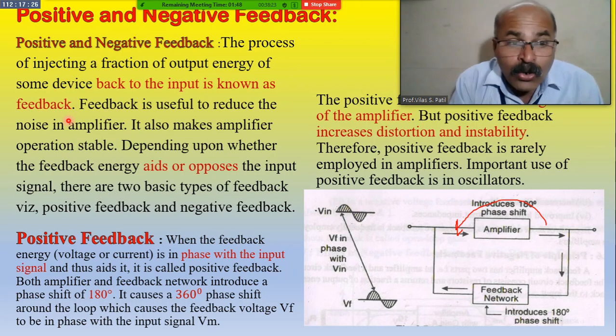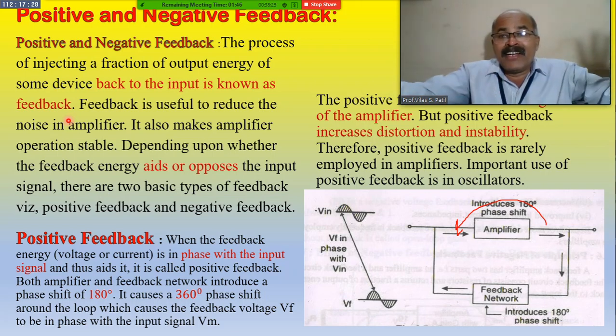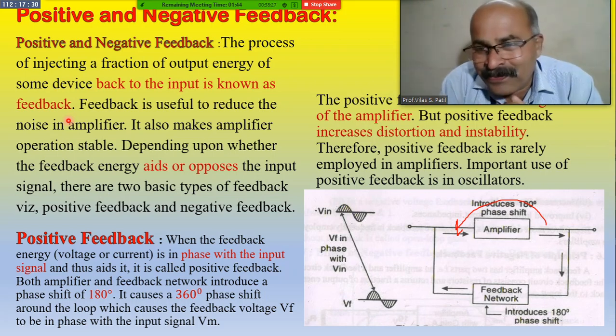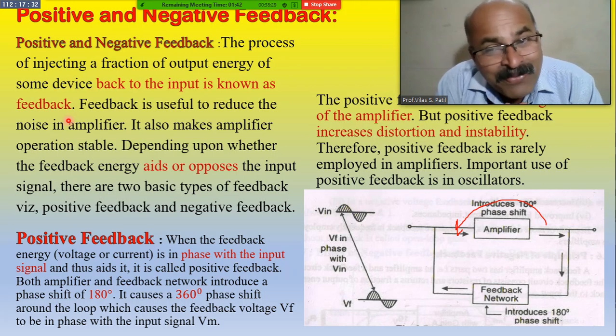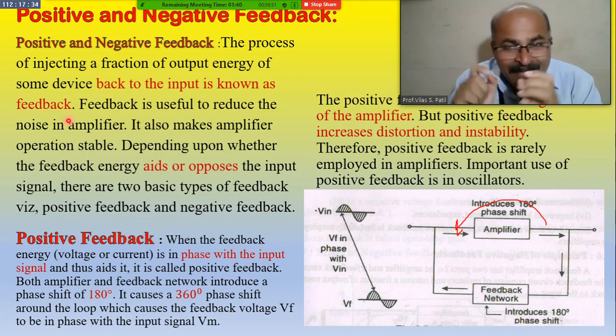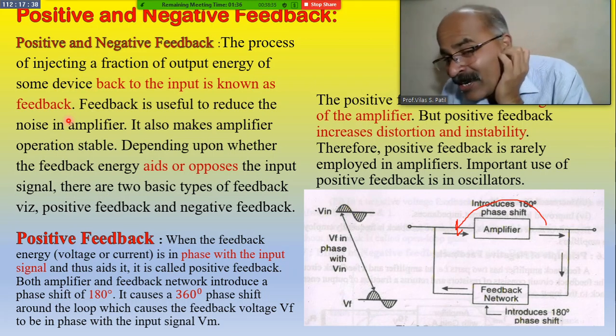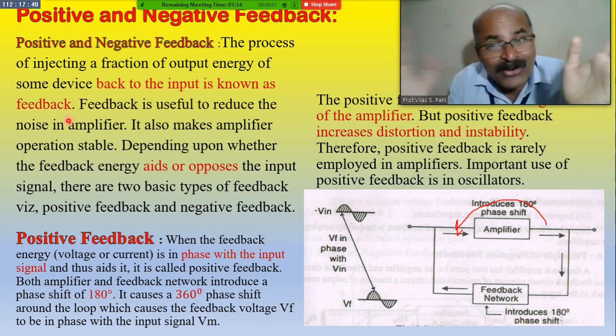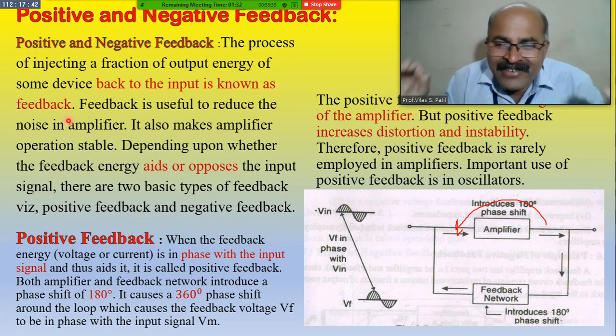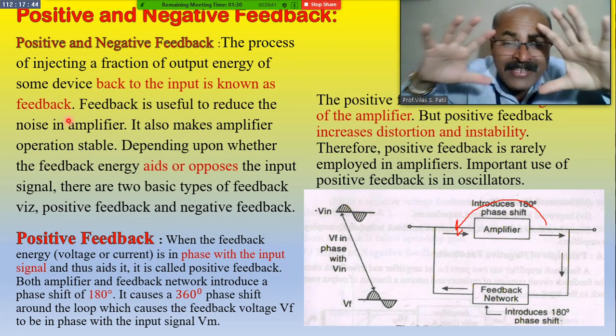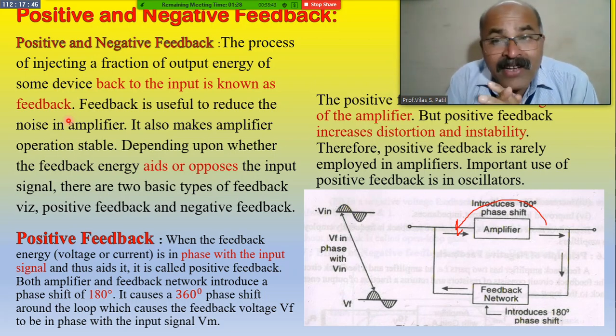Feedback is useful to reduce the noise in amplifier. म्हणजे मगाशी फ्रिक्वेन्सी रिस्पॉन्स करू बघितलंय ना, त्यात बऱ्याचदा नॉईज आहे. इन्क्रीजिंग लेवलला नॉईज आहे, डिक्रीजिंग लेवलला नॉईज आहे. जिथं फ्लॅट आहे तिथं नॉईज नाही. आणि हा जो इन्क्रीजिंग अँड डिक्रीजिंग लेवलला जो नॉइजिंग आहे, दॅट इज हमिंग आहे, हमिंग.